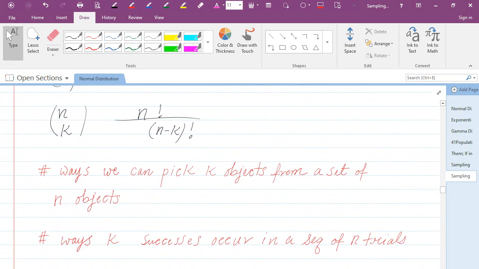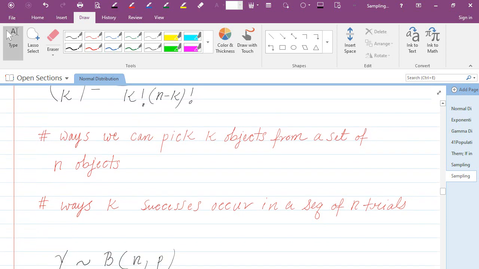Now generally, n choose k is the binomial coefficient, and it means n factorial divided by k factorial times n minus k factorial. Now what is the meaning of this n choose k? Imagine we have 15 students in our class, and let's say that I want to create a committee of 3 students.